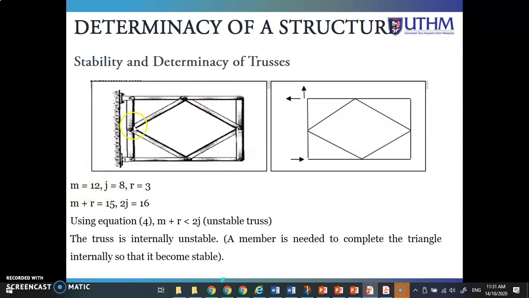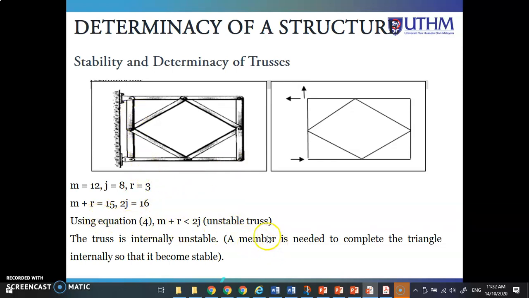And joint 1, 2, 3, 4, 5, 6, 7, 8. Okay. So joint is 8.